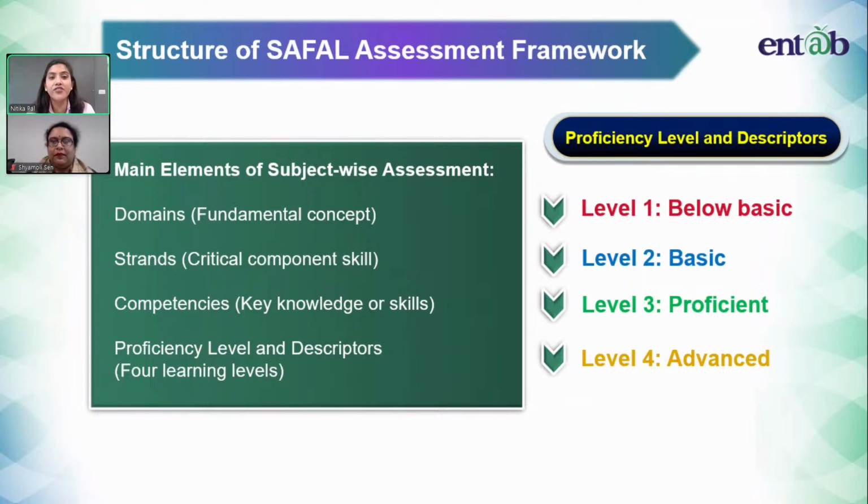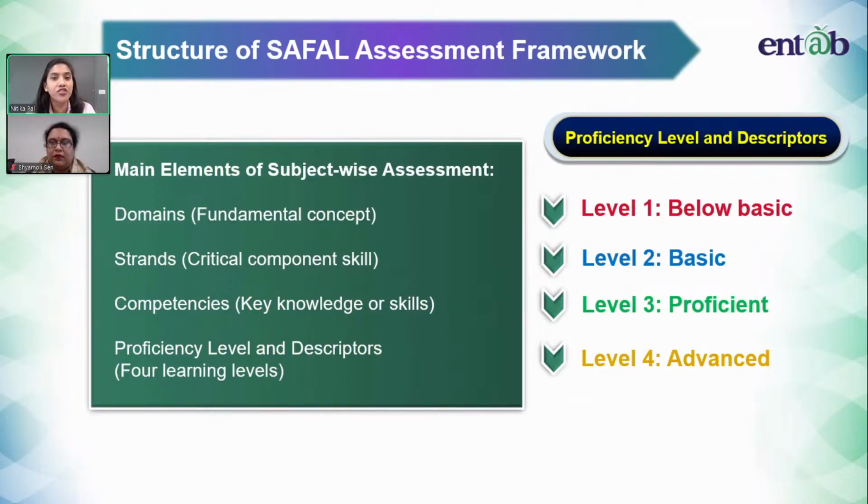If grade 5 students can solve grade 3 questions, they are at level 1, which means students need support to build basic skills. If grade 5 students can solve grade 4 questions, they are at level 2, which means the students need help to reach grade level understanding.